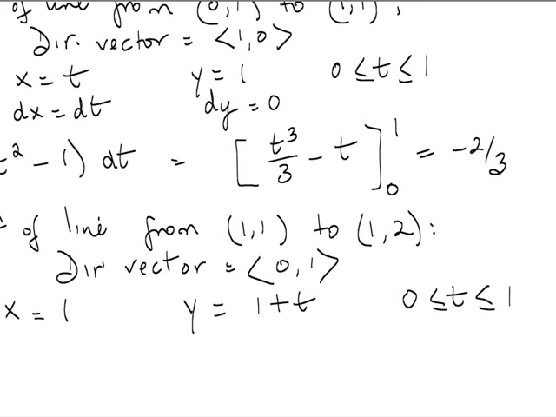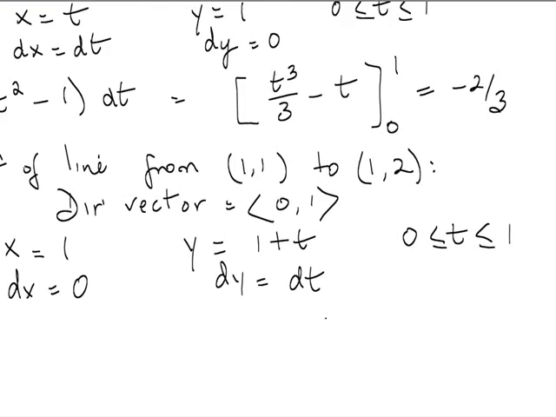Okay, let's do this. So dx is nothing, 0. dy is just dt, right? So we're going back. You have the integral from 0 to 1.